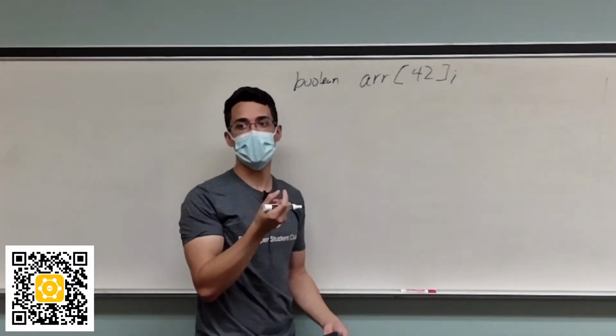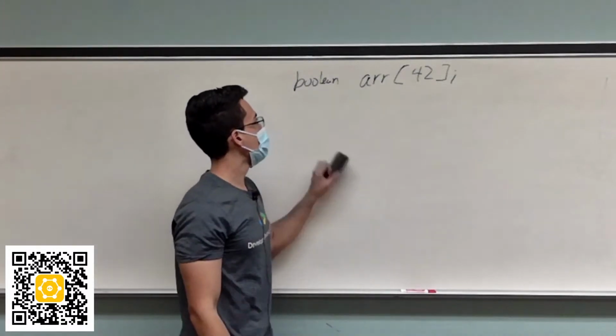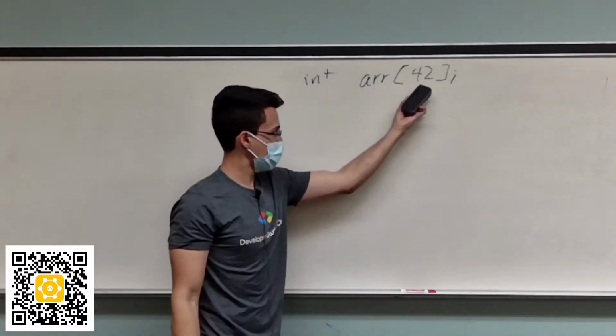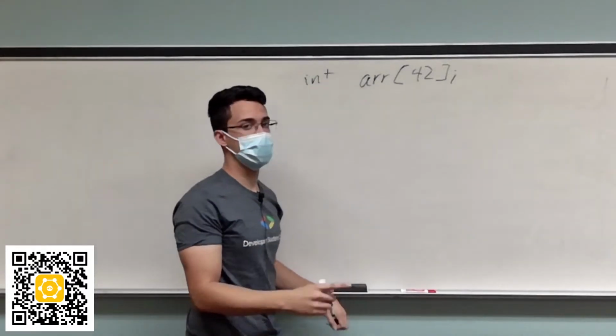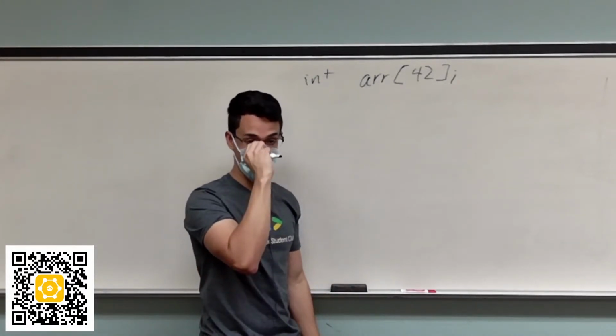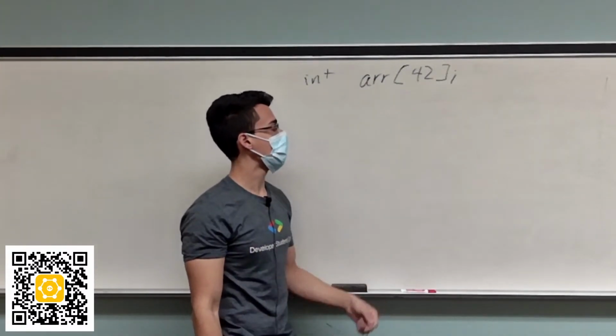It needs to know how much data needs to be stored in memory for each member. I'm going to go back to int though. And then here we have how many elements. It needs to know everything so that it knows how much memory to allocate in the RAM for the program to store the array.